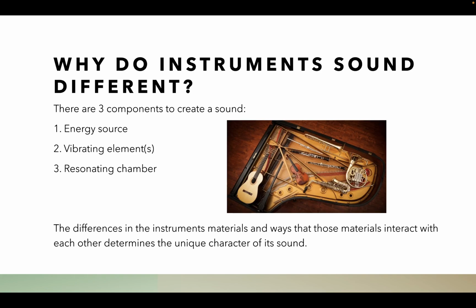And then we have a resonating chamber, some sort of body or structure that vibrates in sympathy with those vibrating elements and amplifies them and shapes them and colors them somewhat. For us, this would be our chest and nasal cavities, and our nasal passages that change the ways that our voices sound. So these three things come together.